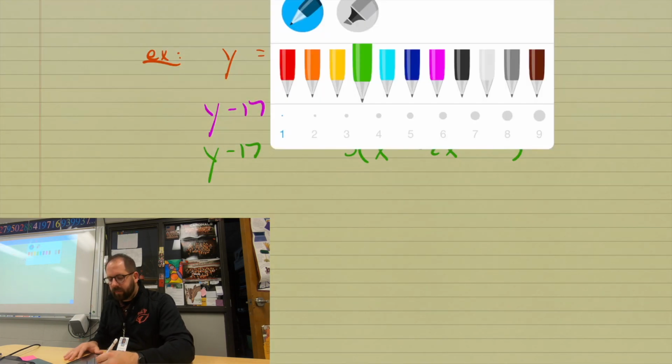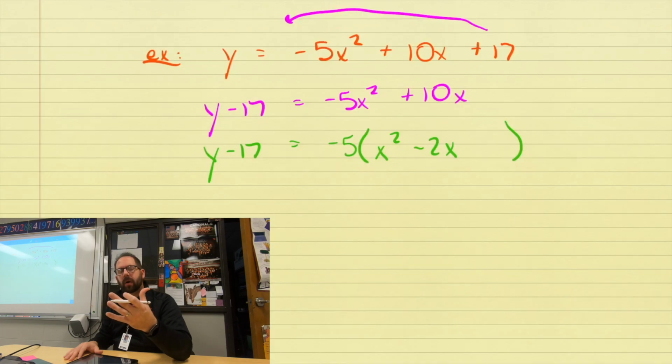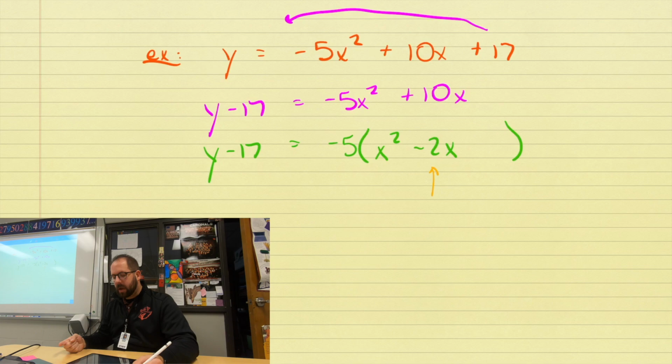Okay, so now, half the middle squared. Half the middle is negative 1. We square it, that's positive 1, right? And what I have to do is take that number times the number out front. So I'm taking 1 times negative 5, and that's what I'm adding to the other side.